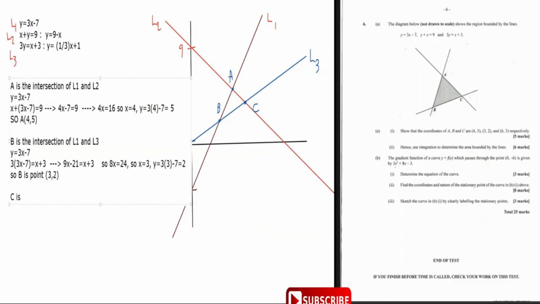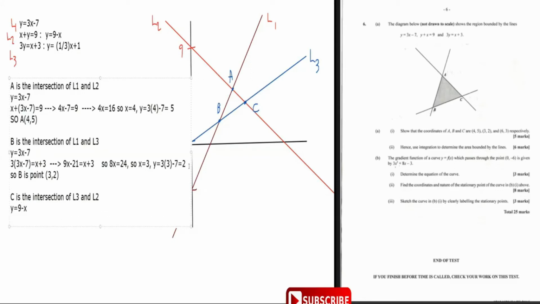Finally, we have C. C is the intersection of L3 and L2. What we had for L2 was x plus y, or we can write it as y is equal to 9 minus x.